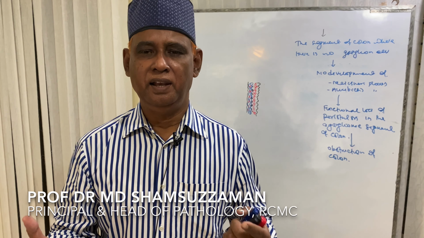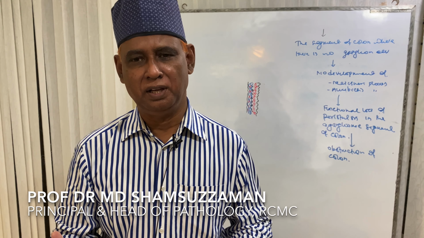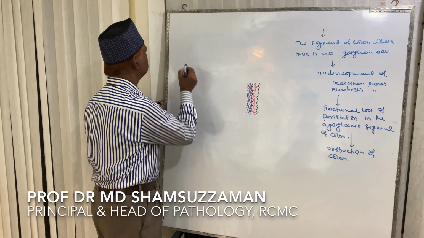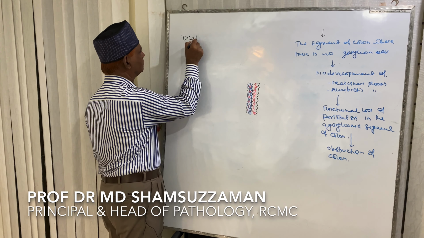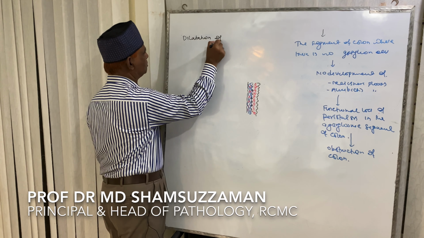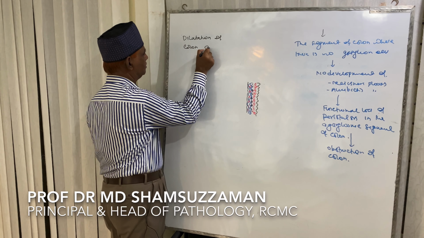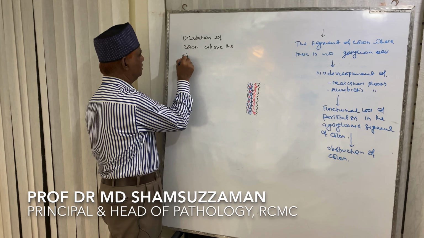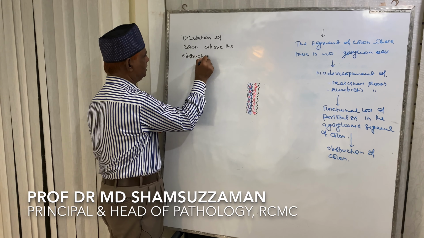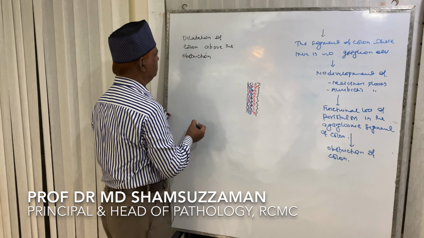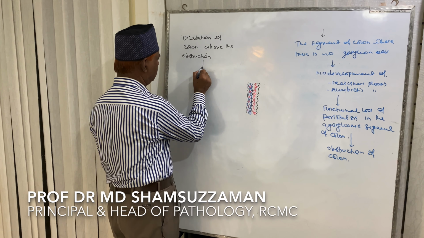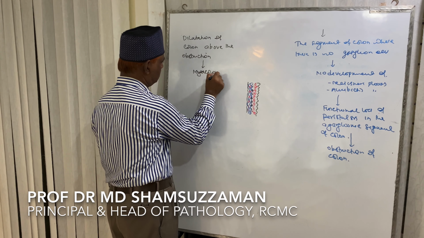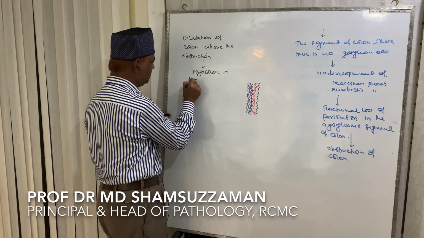That is, dilatation of colon due to accumulation of fecal material proximal to the obstruction, above the obstruction, and this is megacolon in Hirschsprung's disease.